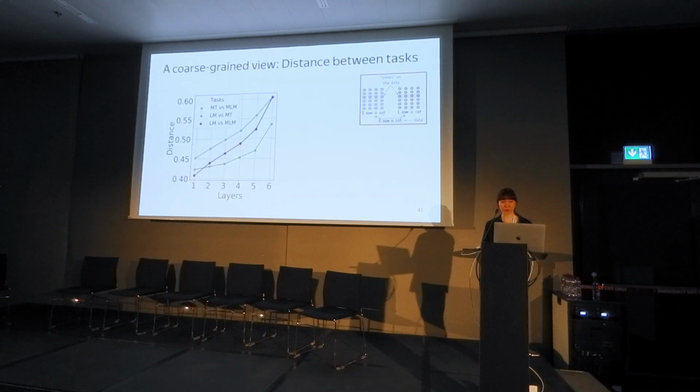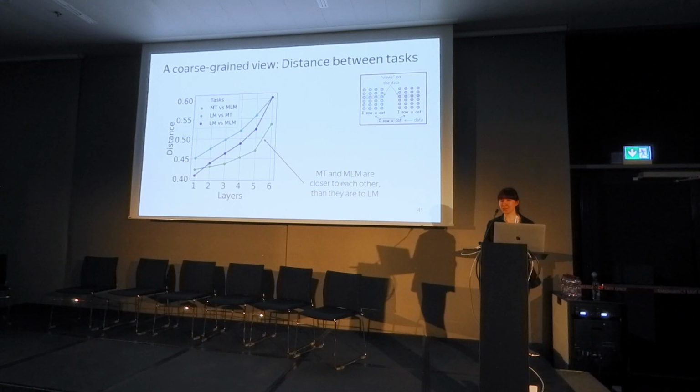So first, we'll look at the distance between models trained with different objectives. And here we see the most interesting observation, as I see it, that machine translation encoder and masked language model are closer to each other than each of them to language model. Well, if you don't think about it, it seems a bit strange because you might expect to see that language models are closer to each other.